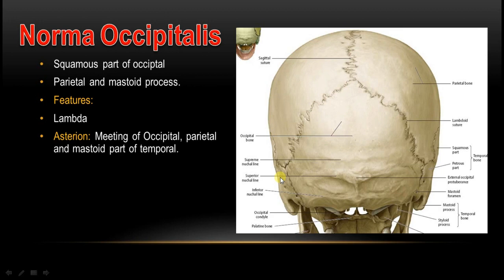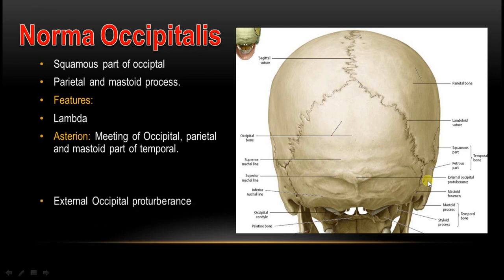There is one anterior fontanelle, one posterior fontanelle, and a pair of posterolateral fontanelles, one on either side. That is the mastoid foramen, and that is the mastoid process. This mastoid bone is completely a part of the temporal bone.